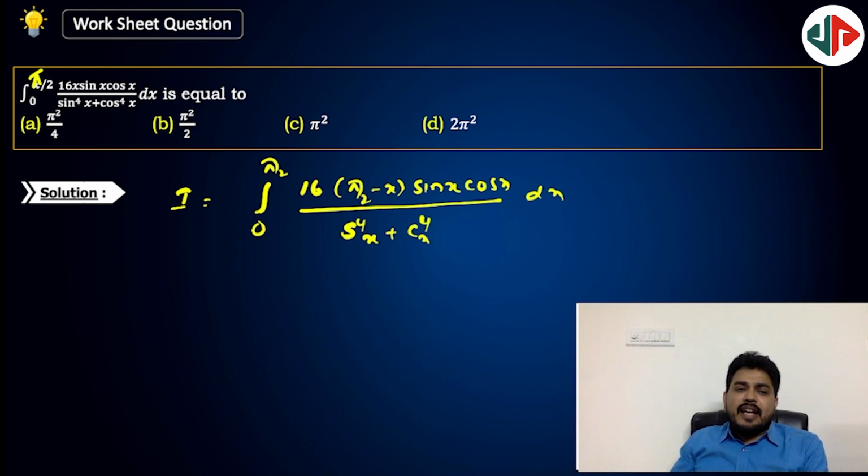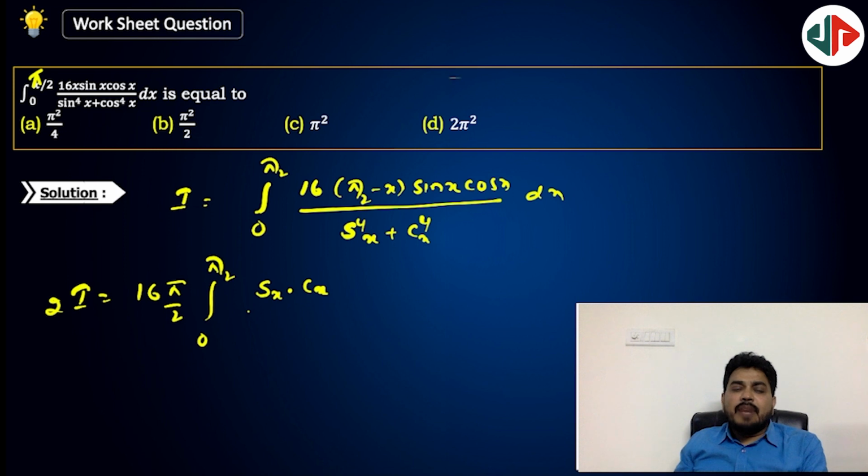Now when I write 2I, 16x will be cancelled. So 16 pi by 2, integral 0 to pi by 2, you will get sin x cos x by sin power 4x plus cos power 4x dx.